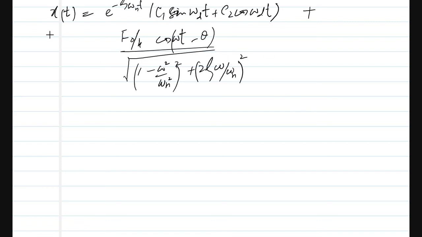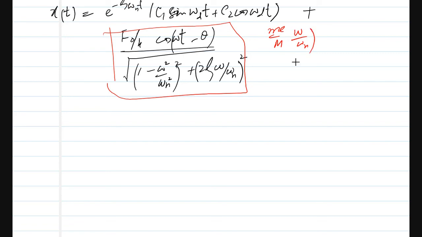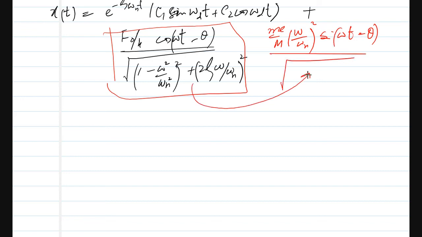If this is the rotation unbalance, the xc will remain the same. Only xp of t can then be written as m e over capital M, omega by omega n whole squared, sine of omega t minus theta, divided by the same factor. This is for the rotation unbalance.